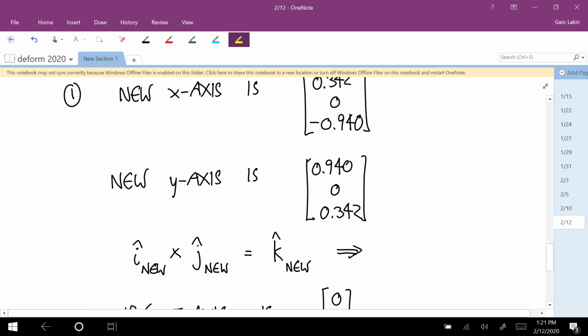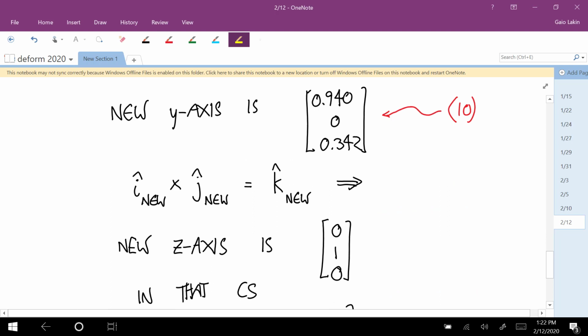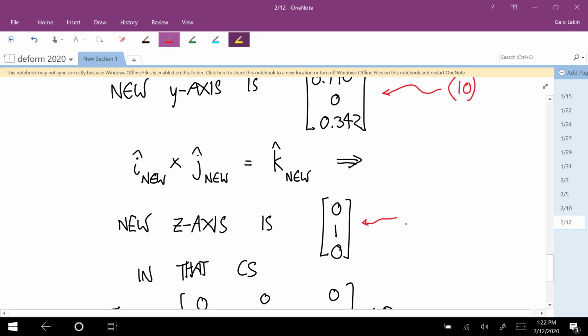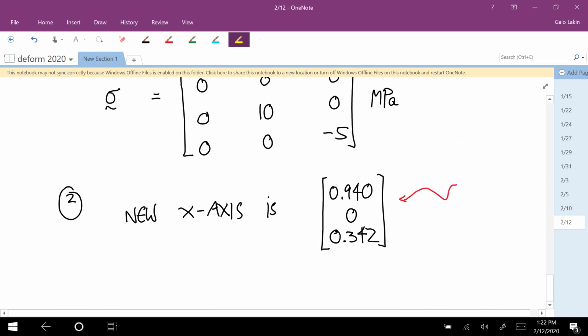So this one is linked to the 10 in the first example. This one is linked to the 0. This one is linked to the -5. So now in this new example, this is the one that's linked to the 10.